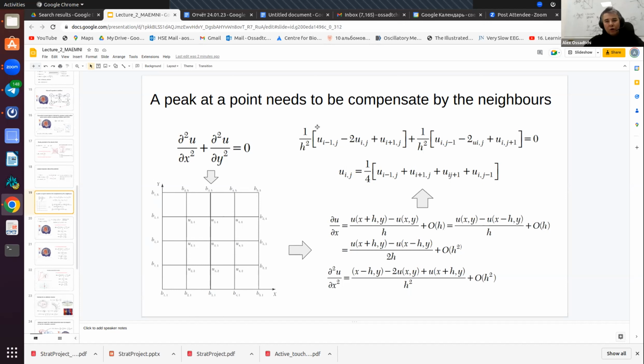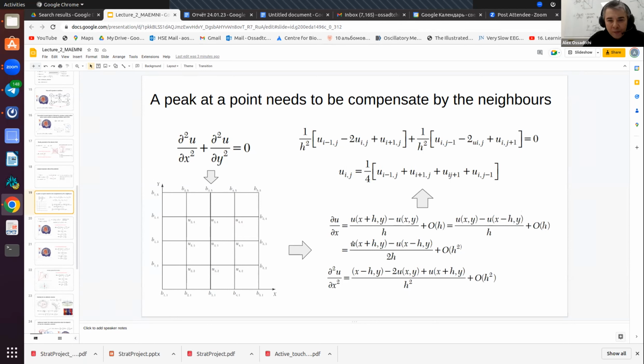The derivatives can be approximated by the definition of the derivative: the change of the function along the x direction, minus the function at the central point, divided by the amount you moved along x, h. This will be your derivative of u with respect to x, and it approximates this derivative quite well, given that h is small.